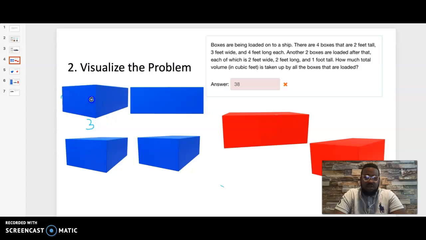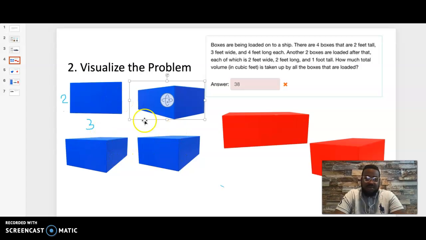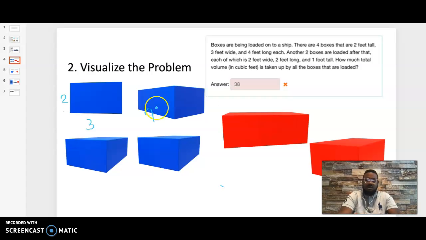Okay, so I'll label it there, and then I'll turn this one and label the length. They're all the same size box, and label the length 4. So now those are the 4 boxes.